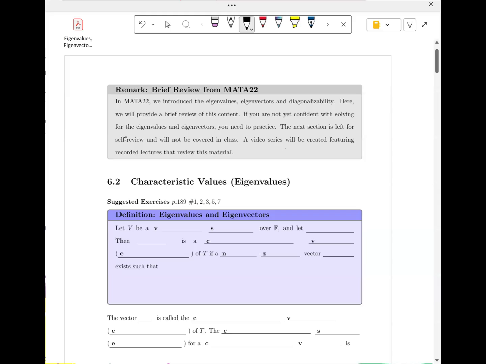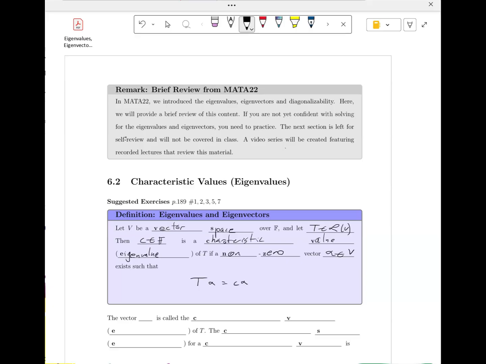If we let V be a vector space over F, and we let T be a linear operator, so it's mapping a vector space to itself, then c in our field is a characteristic value or eigenvalue of T if a non-zero vector alpha in our vector space V exists such that T of alpha equals c alpha.